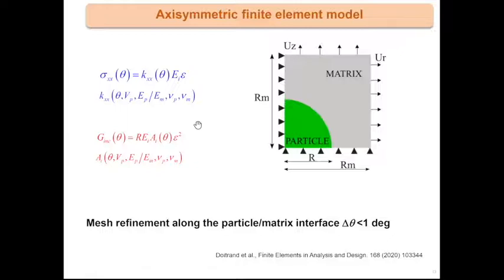You just have to make a computation with the interface bonded. But to compute the incremental energy release rate, you have to simulate the propagation of a crack here. So you have to release the nodes along the interface. You also need a mesh fine enough.